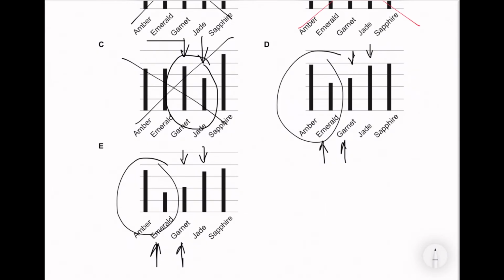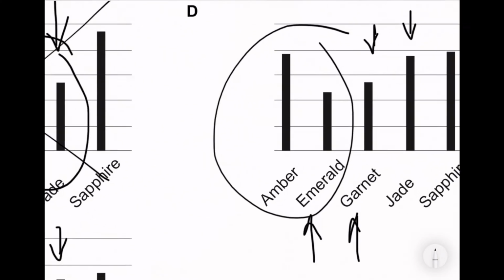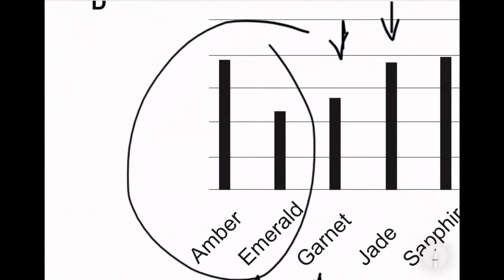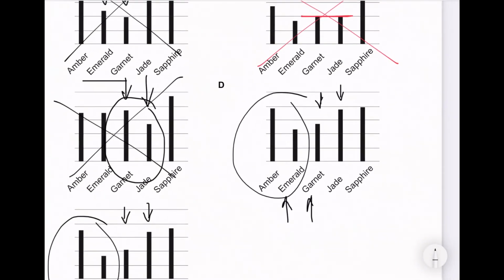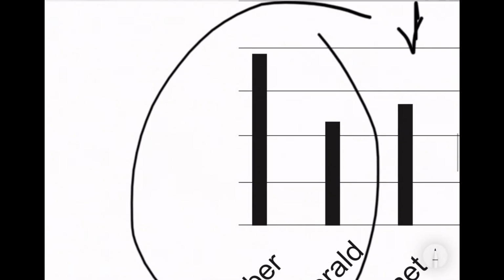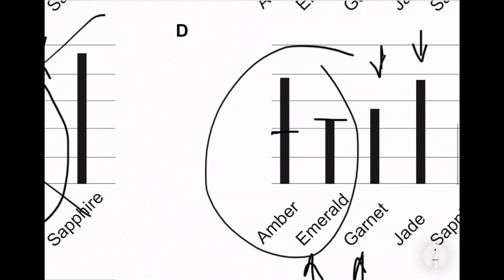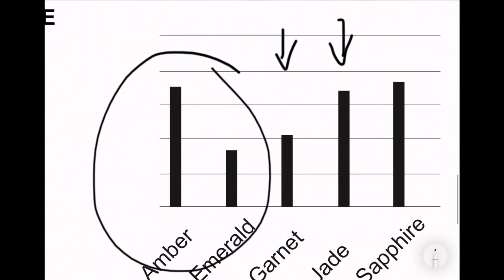So you see how in answer E, the proportion of emerald is much less than half of A. But in the case of D, it appears to be slightly greater than half. Well, it is greater than half of A. So you see here, half is about here, and you can see that this is clearly above half. Whereas in this example here, half is about here, and it doesn't even rise to half.